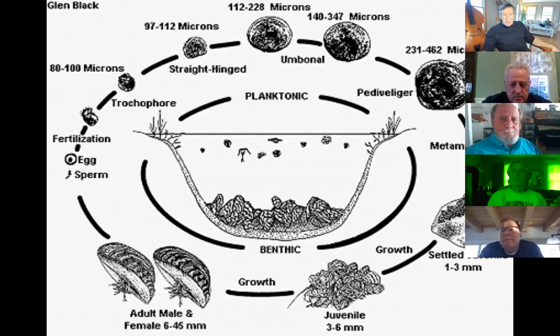So they fertilize in the water column, and you're going to then have a first larval stage within 6 hours. And that's called the trochophore. And I got a picture queued up of a trochophore.